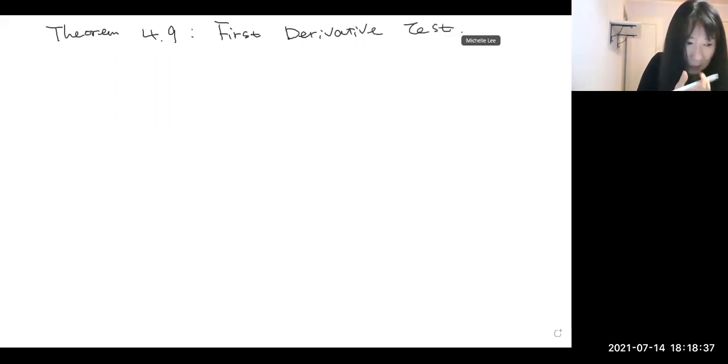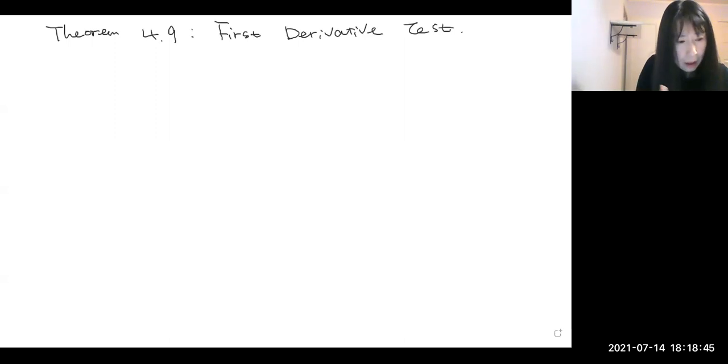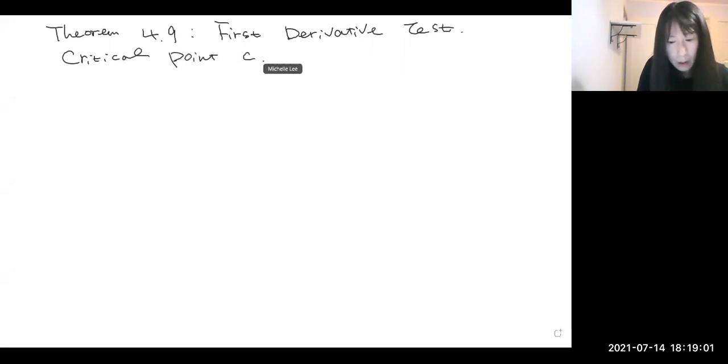So suppose f is a continuous function over interval I containing critical point c. I just want to omit continuous because we know that. Let me denote the critical point as c. Now we know that the function is differentiable, right?